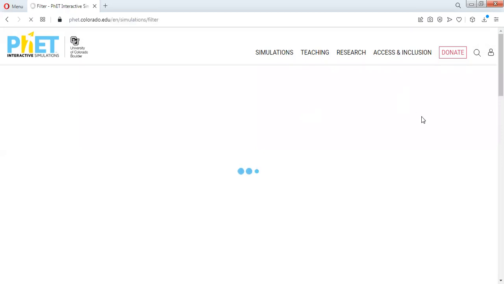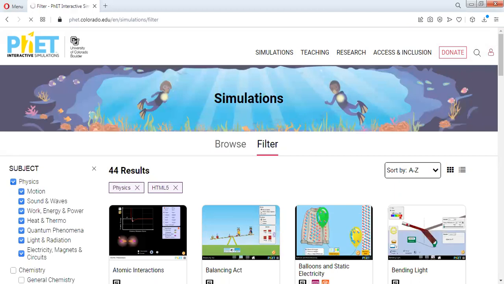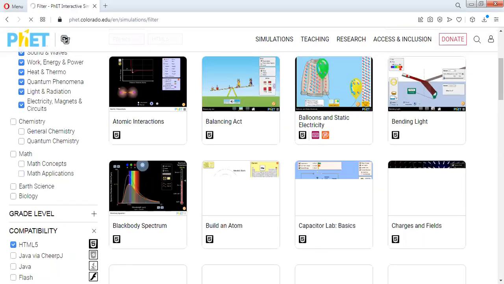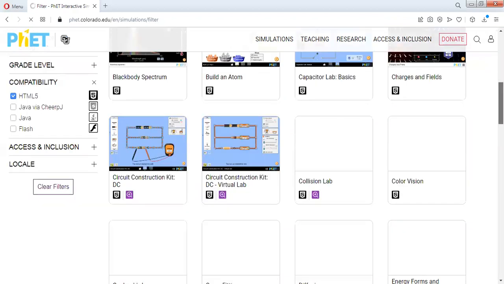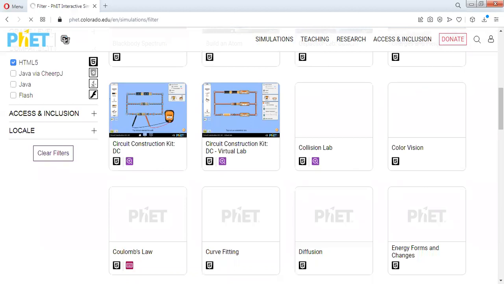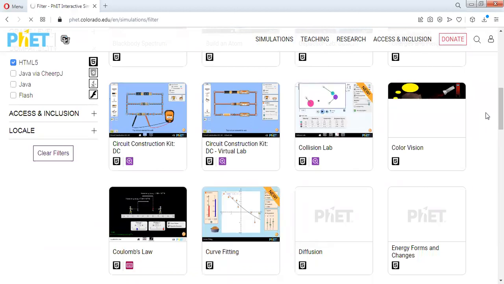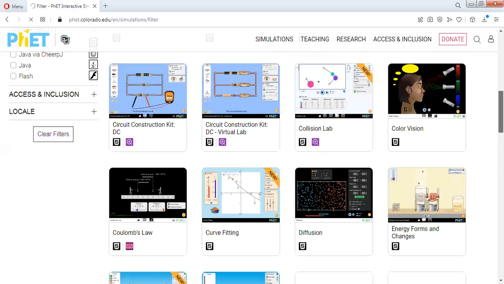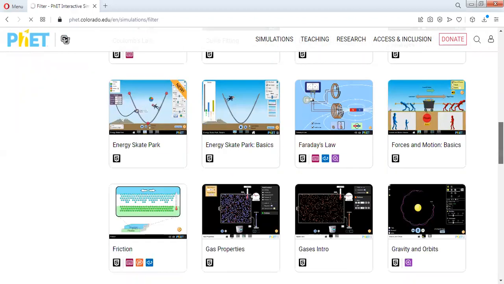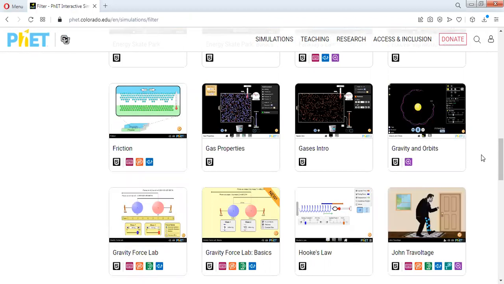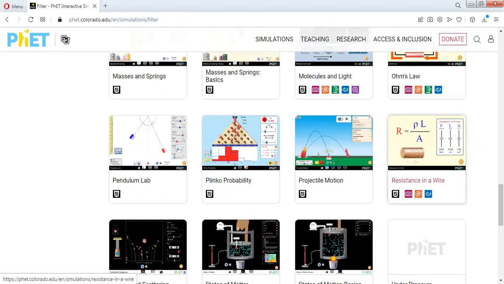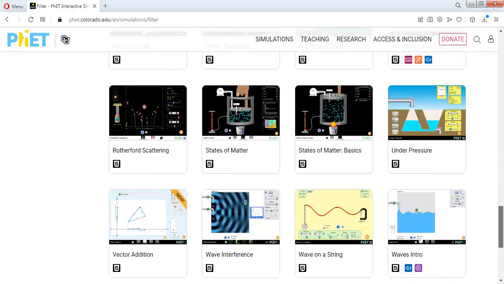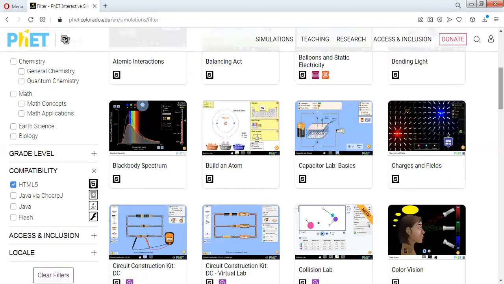In the physics simulation page, you can also find many other simulations which are really interesting, on different topics in physics: electricity, Newton's laws, energy, Faraday's law, motion, forces, gases. So you should be able to understand most of the concepts by studying or by playing with these simulations.